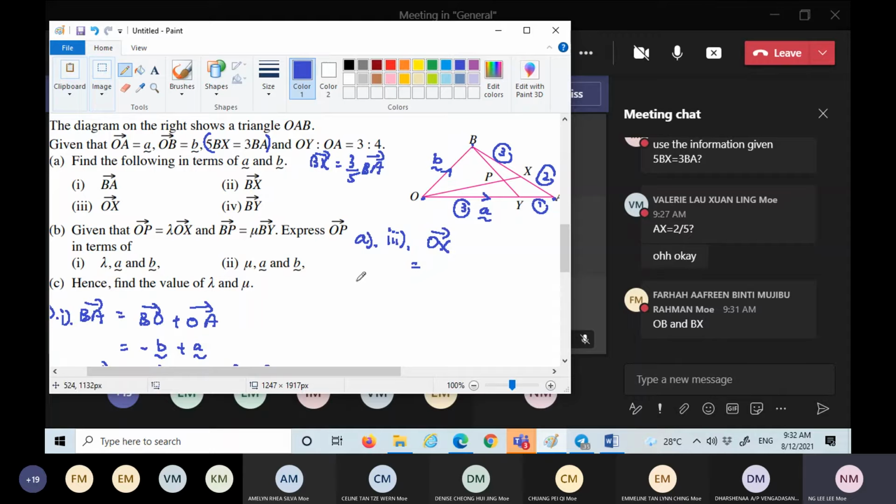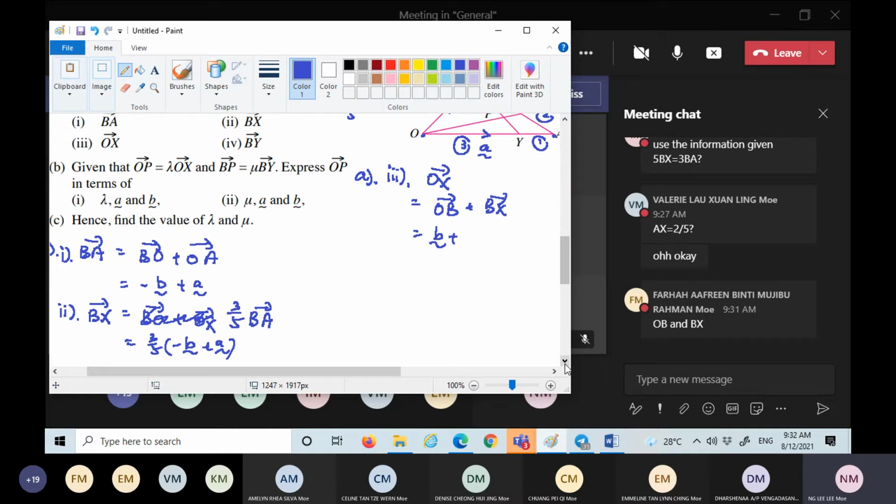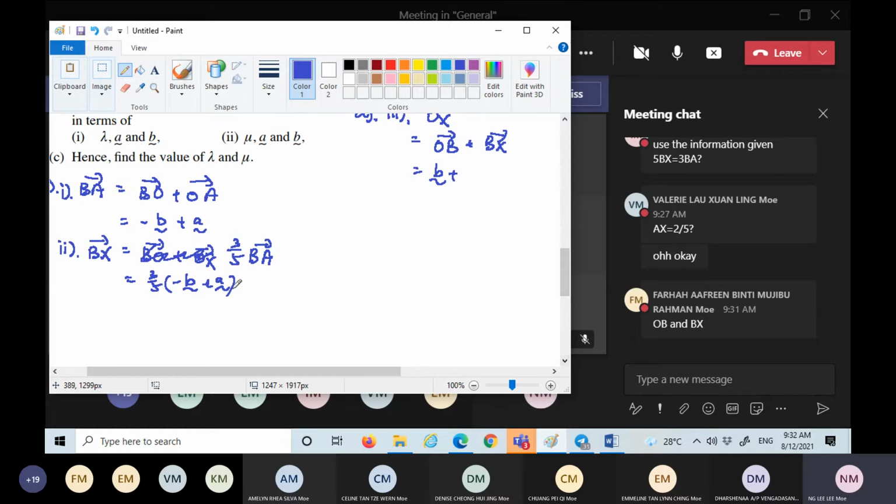Okay, OB, BX. This is okay now. OB, because all the information we have. I have OB and also I have BX. OB, positive. BX, I get the answer from part 2. This one is better for me to expand out, because afterwards I need to combine with the B here.